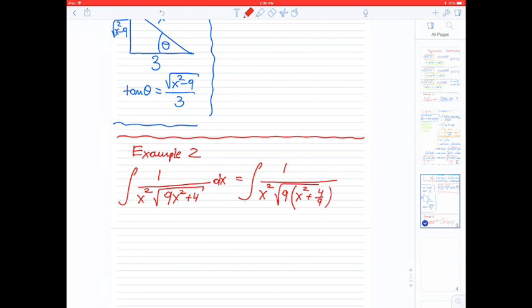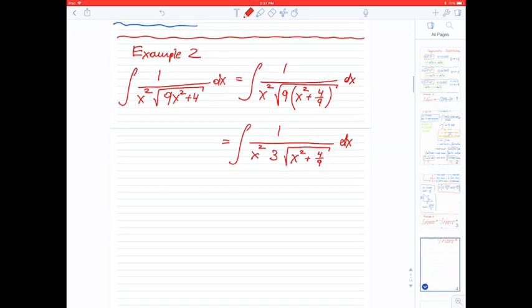We still have square root. Now, square root of 9 is 3, and square root of x squared plus 4 over 9. That means I like this form.